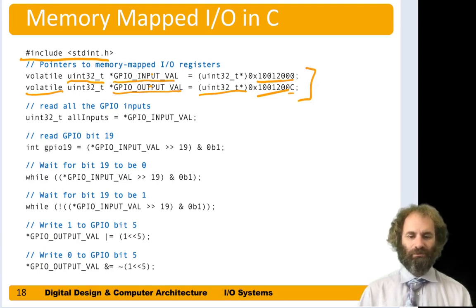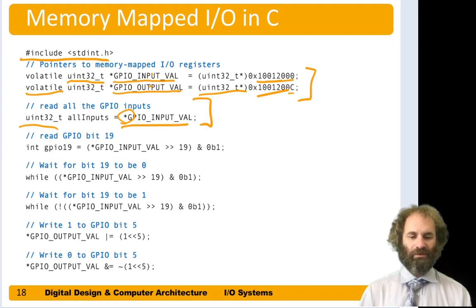So if we wanted to read the value of all 32 GPIOs, we could take that pointer to the input register, dereference it, and that will give us a 32-bit number, and we just put it in a variable.